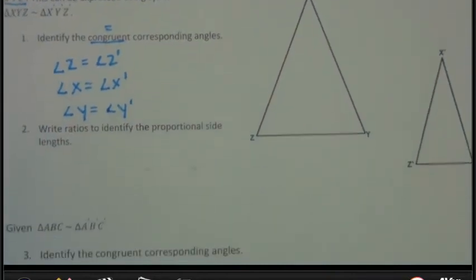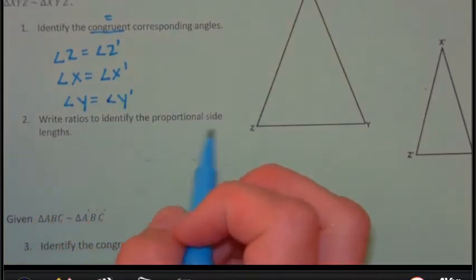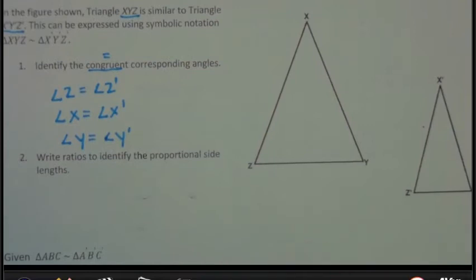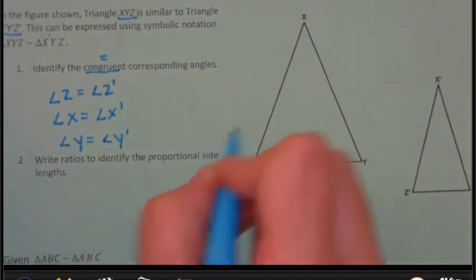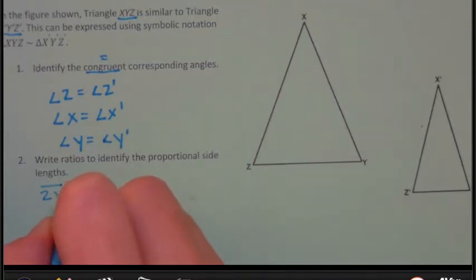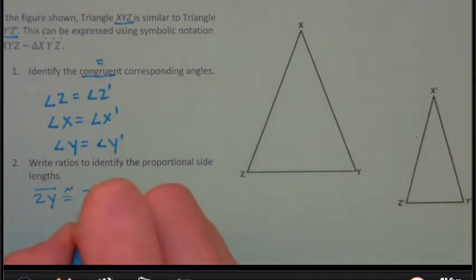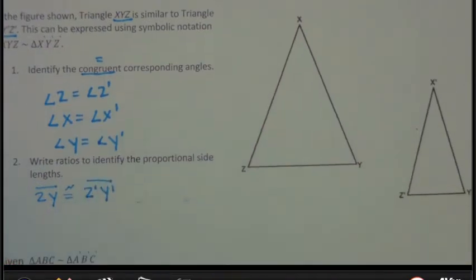Okay? Then it says write ratios to identify the proportional side lengths. All right, so let's go ahead and say Z to Y is proportional to Z prime, Y prime. Okay.